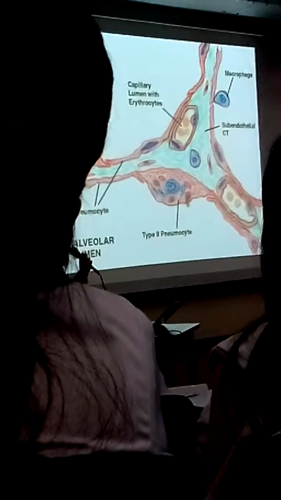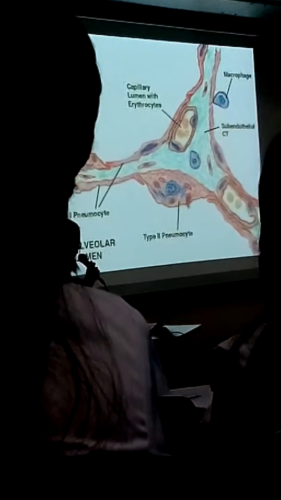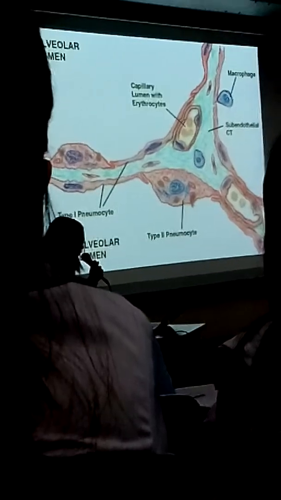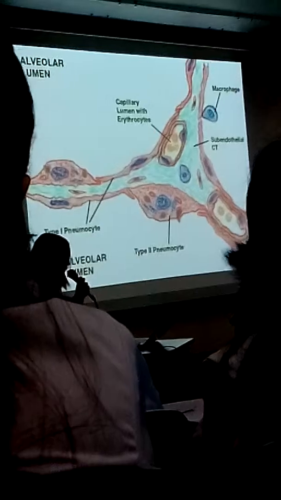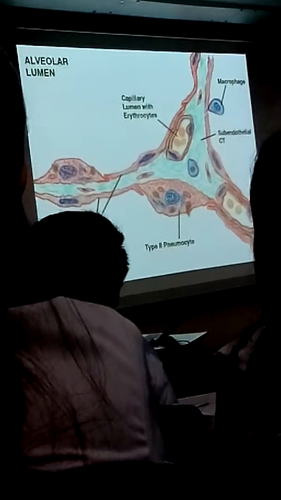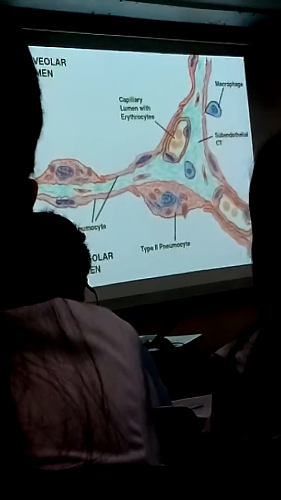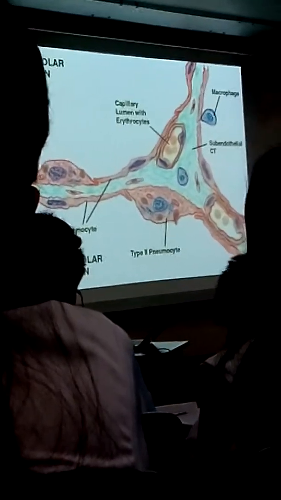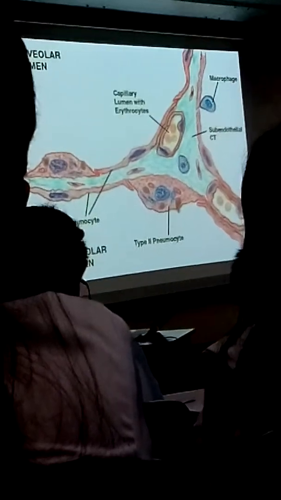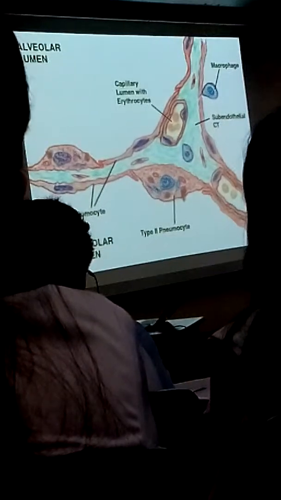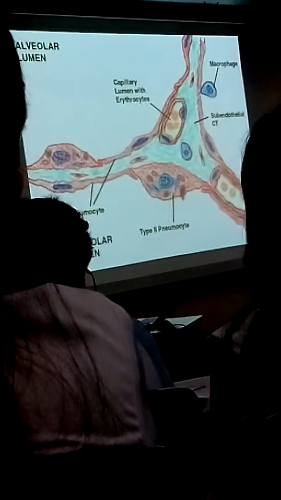Type 2 is more in number, but your type 1 pneumatocyte is extremely thin-walled, and it is 40% of the entire alveolar lining cells.